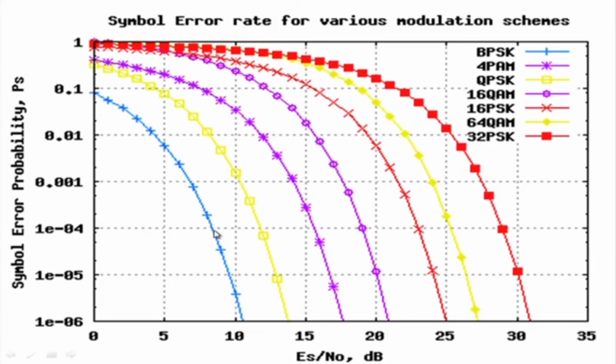You have to sacrifice spectrum efficiency, but you will get the same BER by reducing the Es by N naught or Eb by N naught by changing the modulation scheme. The same thing is true for coding; channel error coding you can also do the same way. It is called adaptive error coding and modulation.